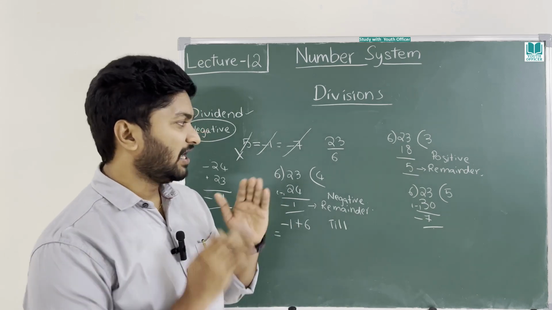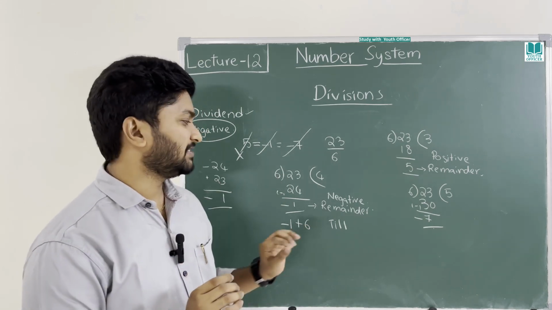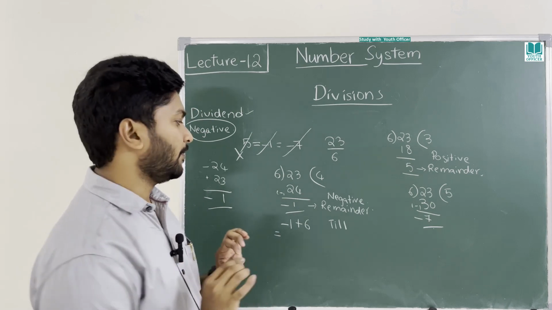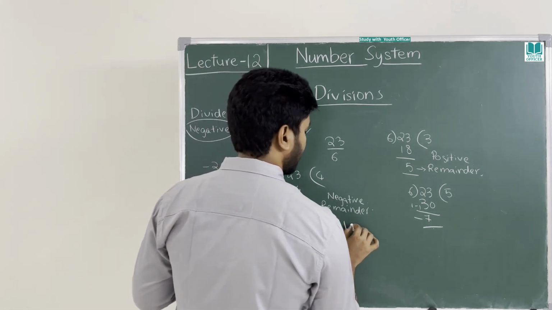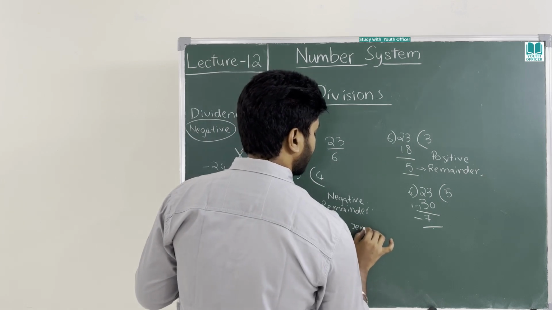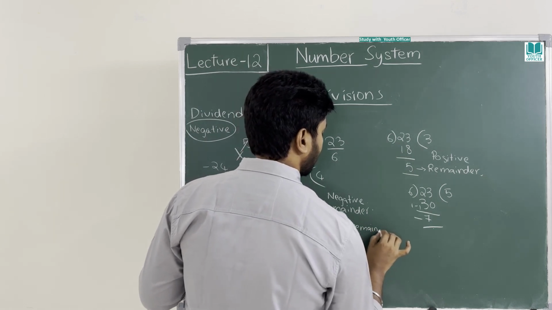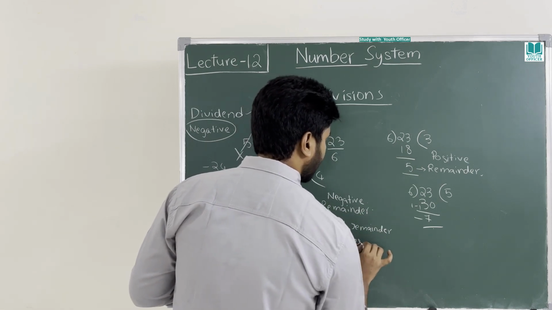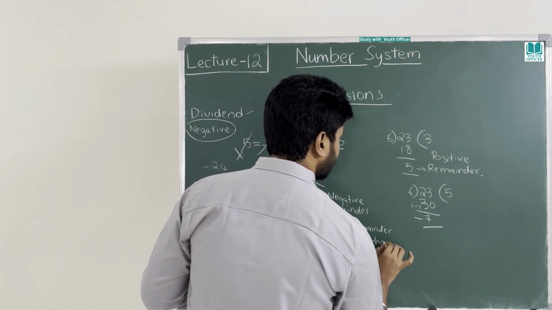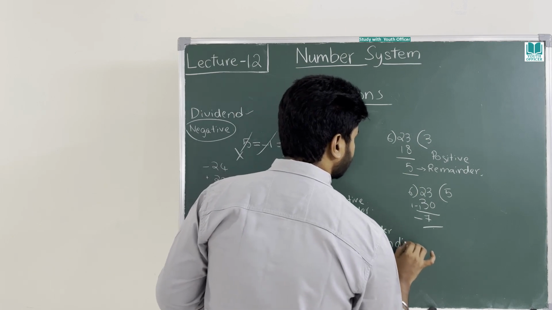I am just dividing them and telling you in the simplest way. Please make a proper note of this. Till the remainder is less than divisor.